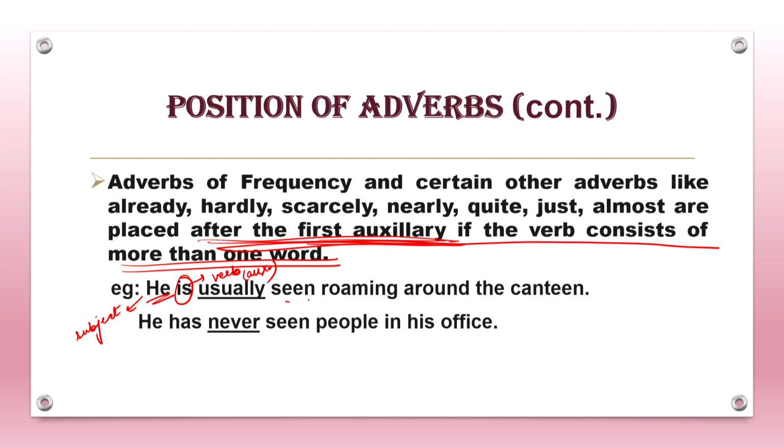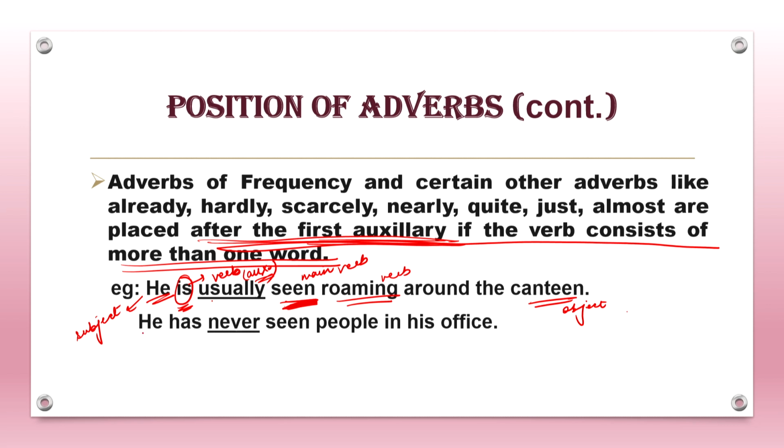Now, seen is your main verb and roaming is also a verb, again a helping verb, and canteen is your object. So, hence usually is placed before the main verb and after the first auxiliary. He is usually seen roaming around the canteen.